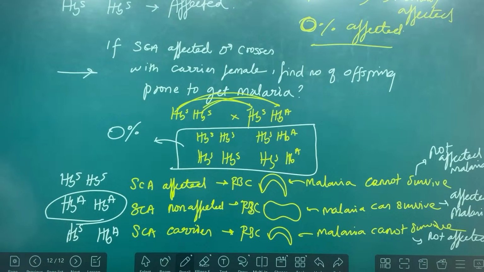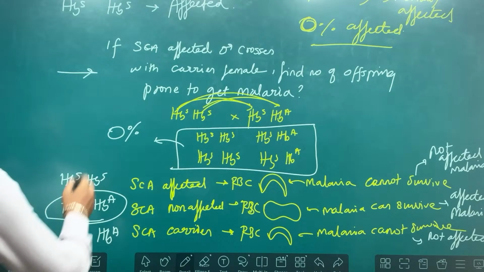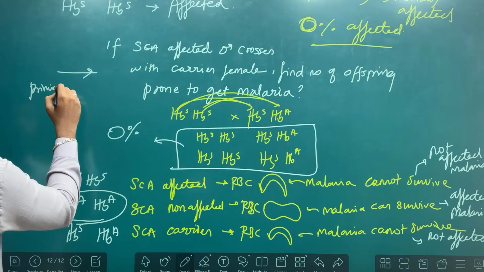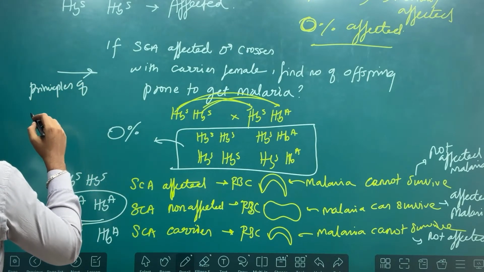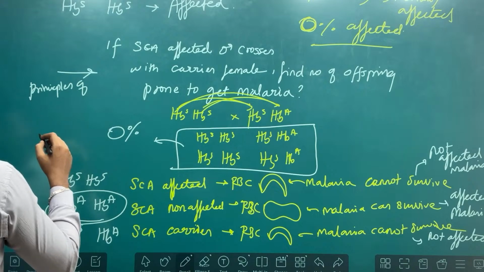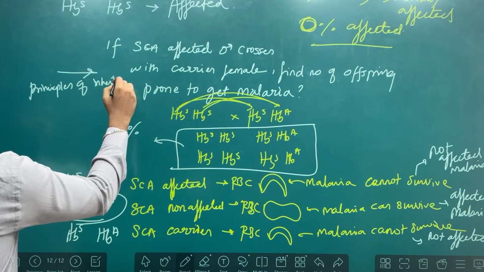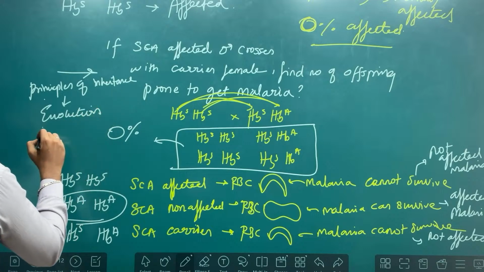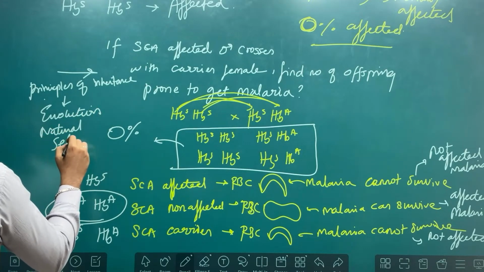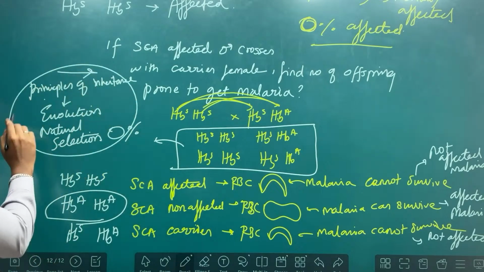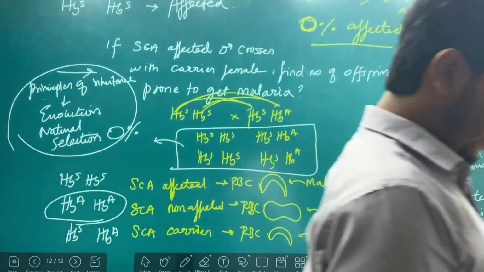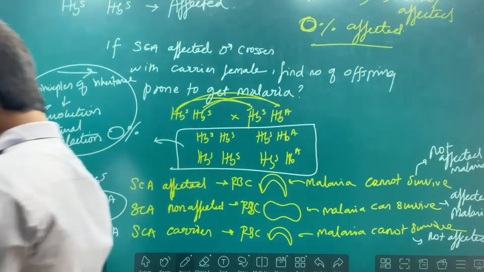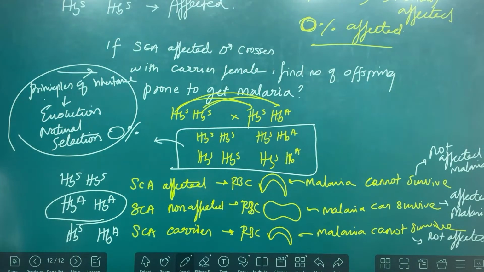This is a principles of inheritance question, and it is also connected with your evolution and natural selection. I have combined the two topics in one question, and the answer is 0%. I hope this one is interesting for you all. Clear guys? Fine. So this is all about sickle cell anemia.